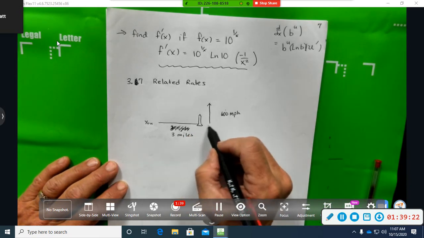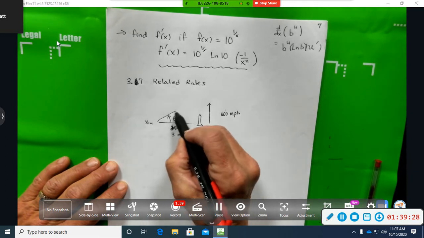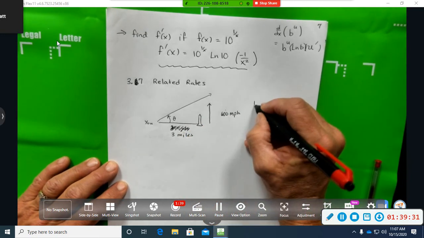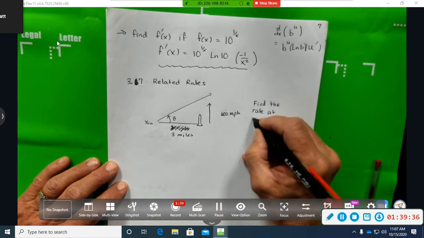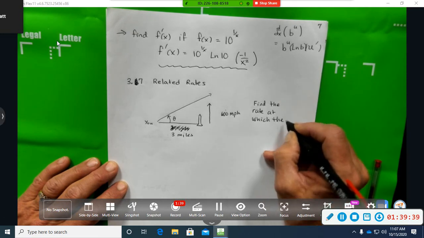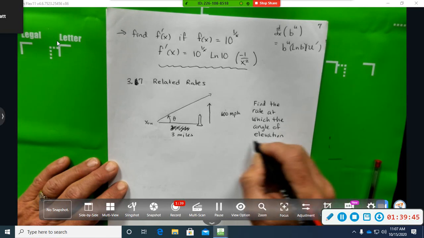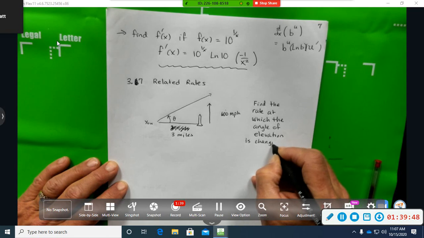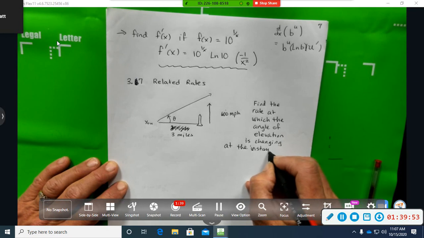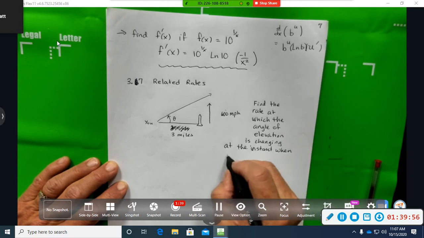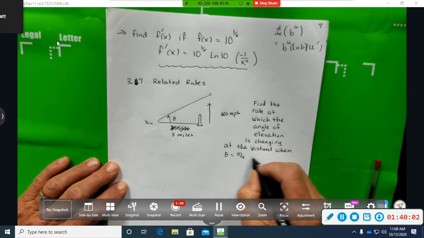And as you're watching that rocket go up, the angle of elevation between you and the rocket is changing. I want you to find the rate at which the angle of elevation is changing at the instant when the angle is pi over 4 radians.